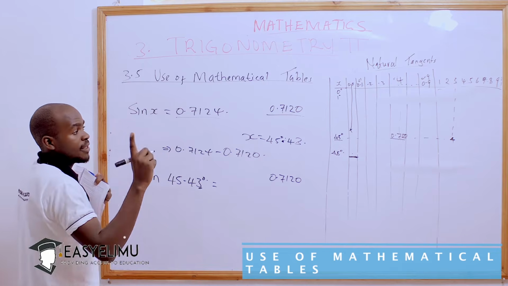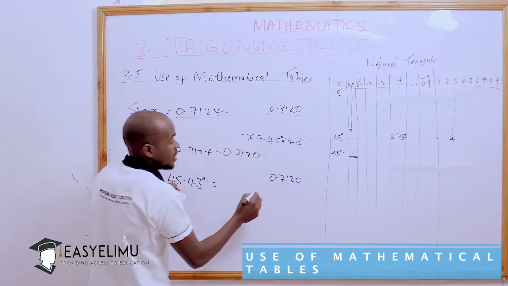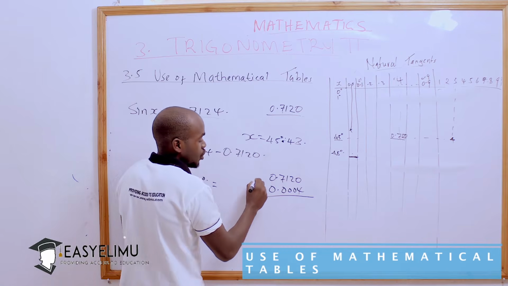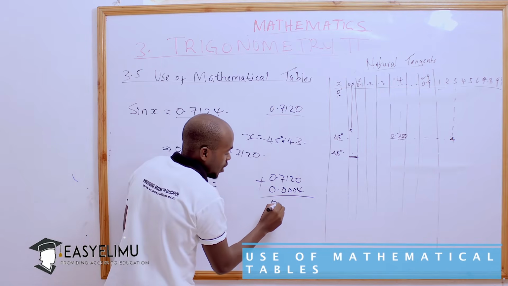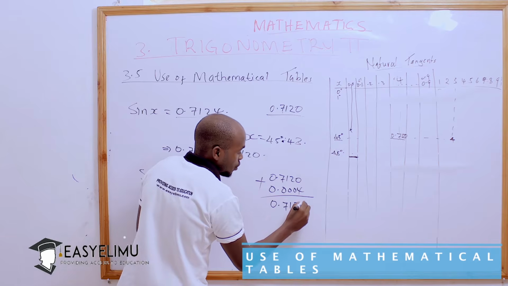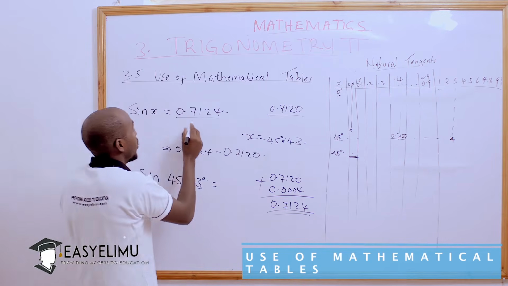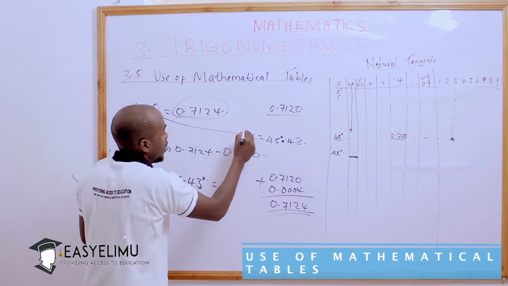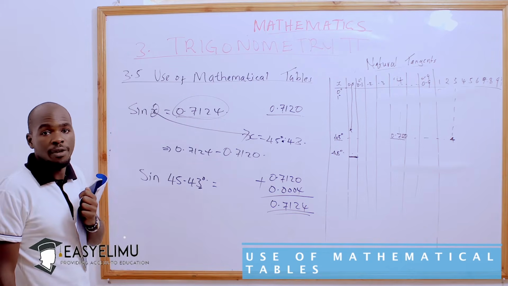And as I said, if it's a single digit, you will find it is represented in 4 decimal places. So it will be 0.0004. So you add the 2, and you will get back to 0.7124, and that is what we were provided with. So x here is equivalent to 45.43.